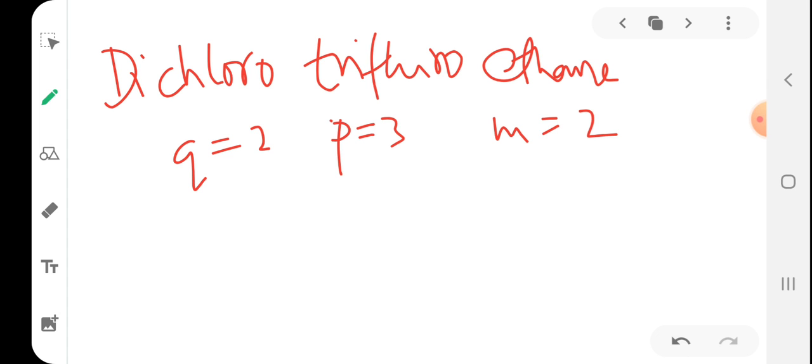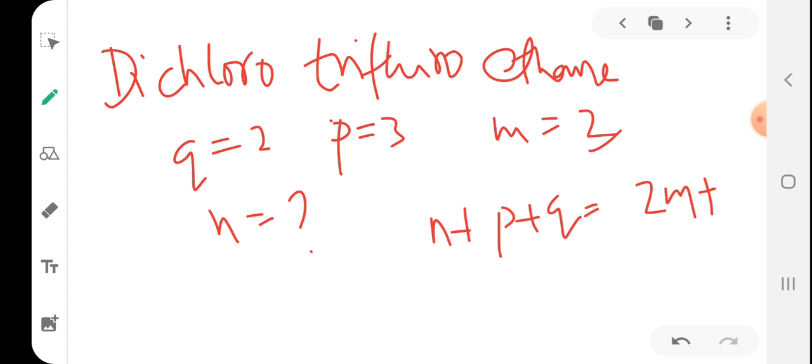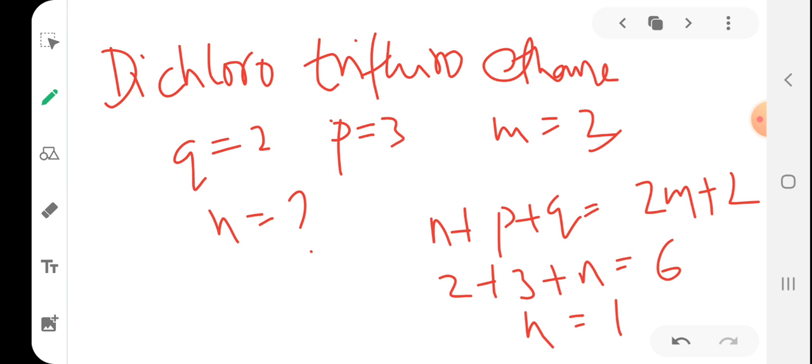m equal to, how much is the m? m is 2. And what will be the amount of H? H means n. How much n? n plus p plus q should be 2m plus 2, right? So 2 plus 3 plus n should be 6. So n will be 1, right?